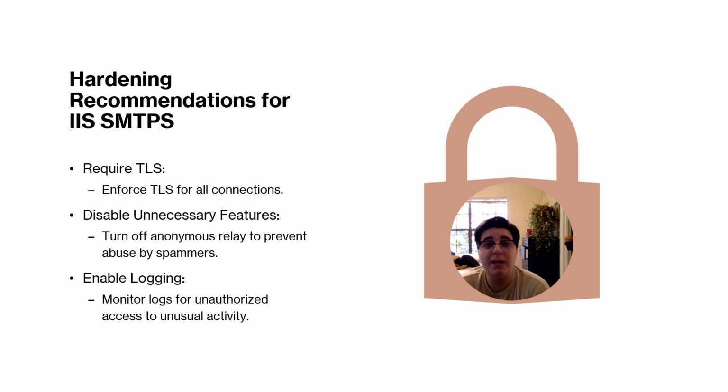Anonymous relay allows anyone to send mail through your server without authentication, which is a favorite trick of spammers. Disabling it reduces the risk of abuse. Finally, enable logging. Logs provide crucial information about server activity, such as failed login attempts and unusual connection patterns. Regularly reviewing logs helps identify potential threats early.